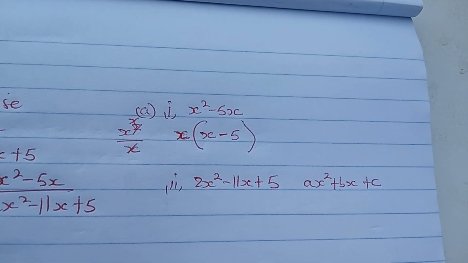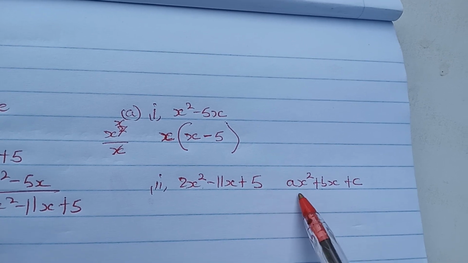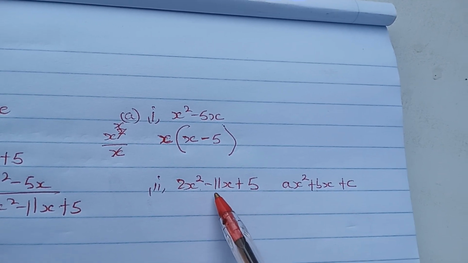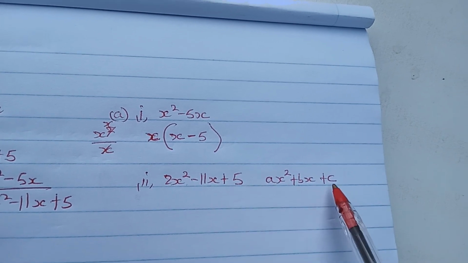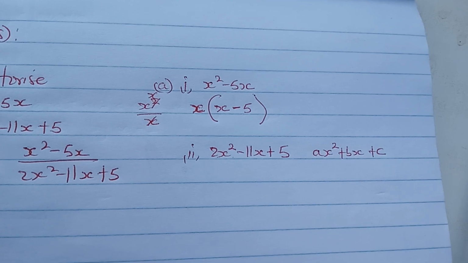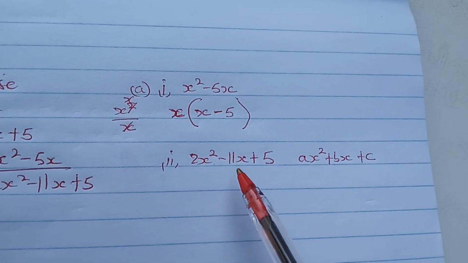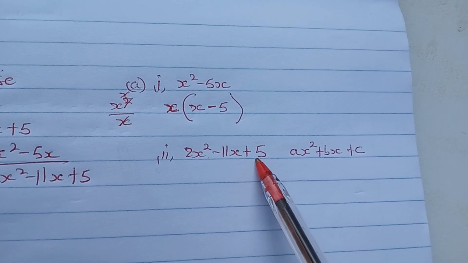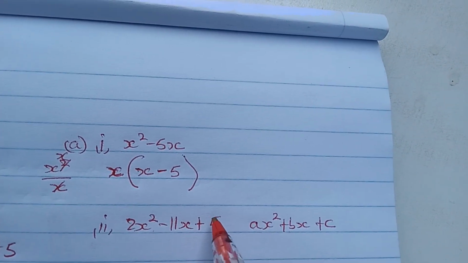For now, this 2 is in the place value of a, this negative 11 is in the place value of b, and this 5 is in the place value of c. Before we continue, we have to consider the sign in front of 5. It's a positive.